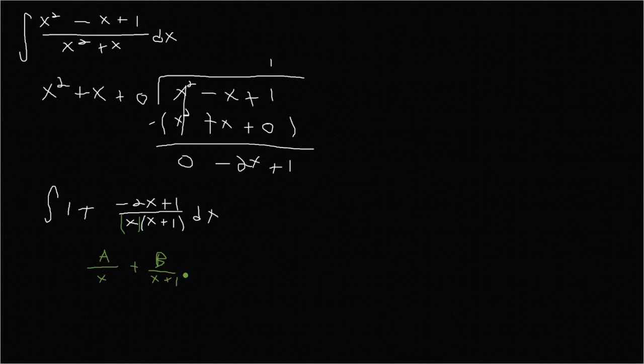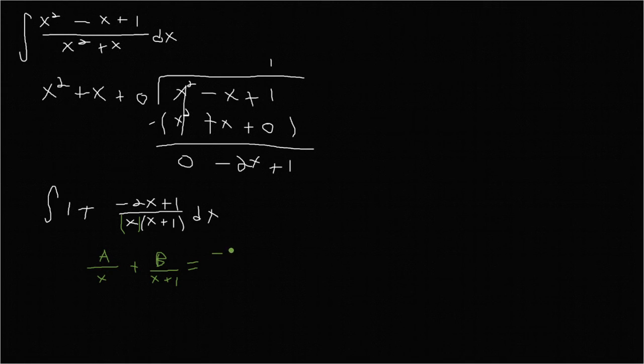We're going to solve for these values of a and b. We know that somehow this must be equal to this.